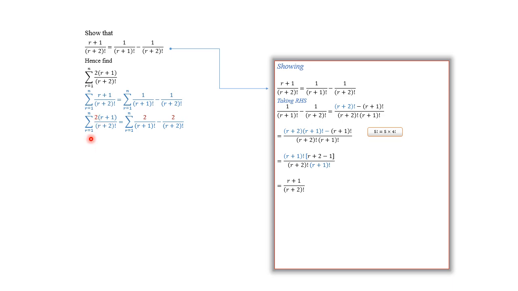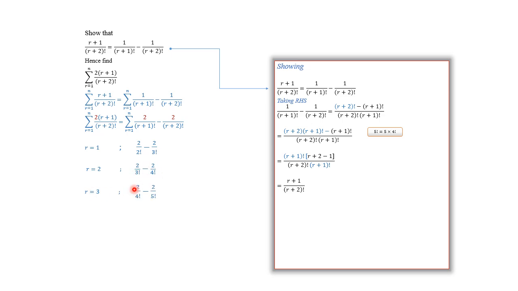So we have the summation of r equals 1 up to n, and we multiply by 2 throughout. What are we going to do? We are going to take this side and apply the method of differences, because this function has been expressed as a function of two terms. So when r equals 1, we have 2/2! minus 2/3!. When r equals 2, we have 2/3! minus 2/4!.